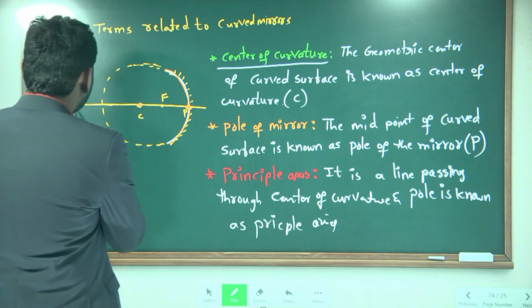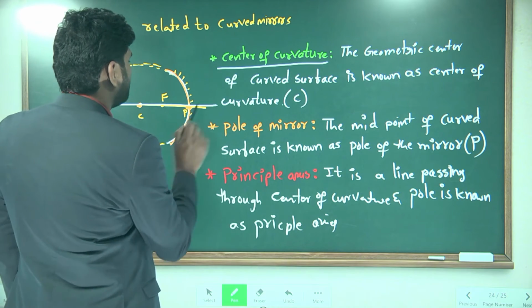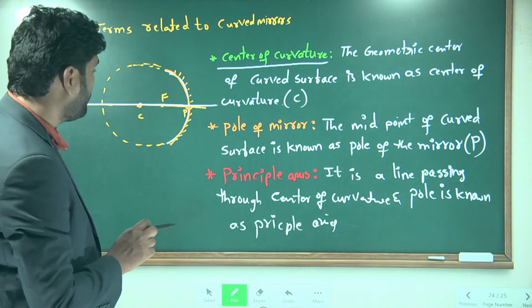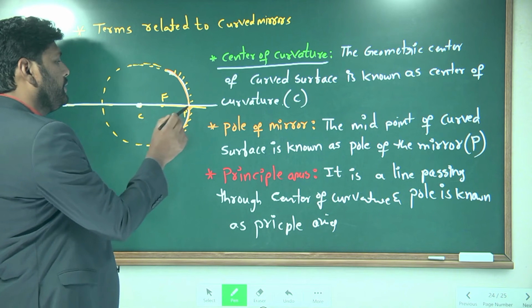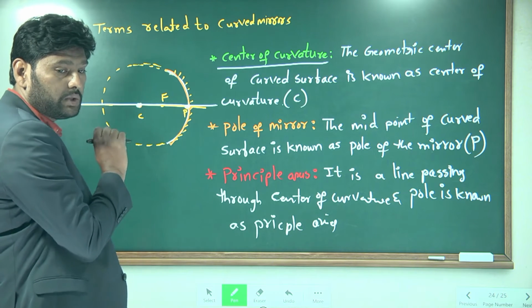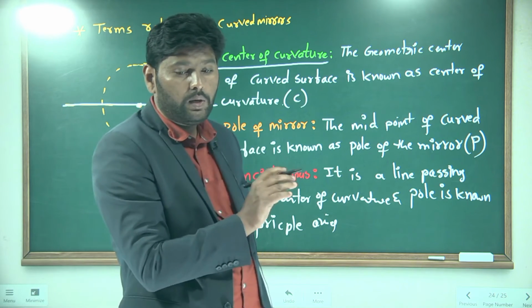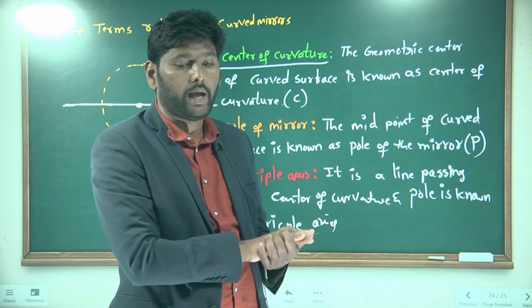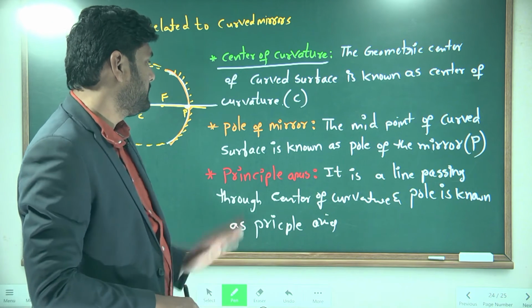So the principal axis is nothing but this one. This line is known as the principal axis because it is passing through where and where? From the center to pole. A line passing through center to pole is known as a principal axis. So this is the terminology.